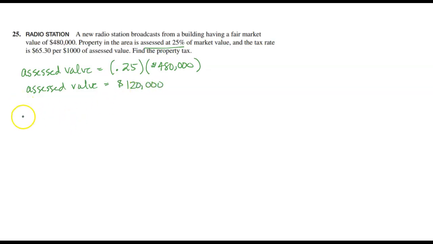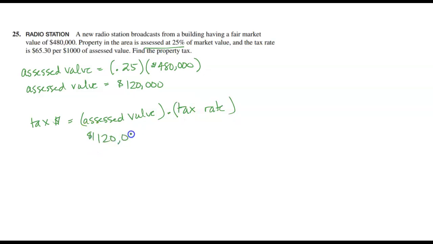Then we're going to take that assessed value and multiply it by the tax rate. So to find the tax amount, we're going to take the assessed value times the tax rate. The assessed value is our $120,000. And the tax rate, they gave it to us in terms of $65.30 per 1,000, which we write as a fraction. $65.30 per 1,000.